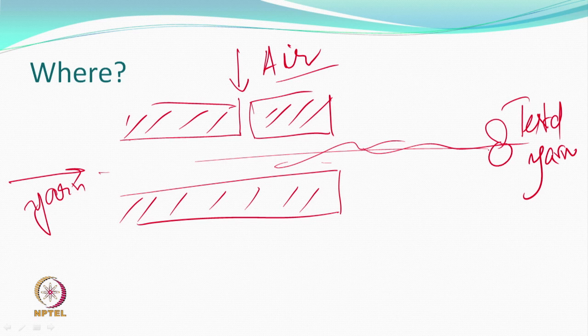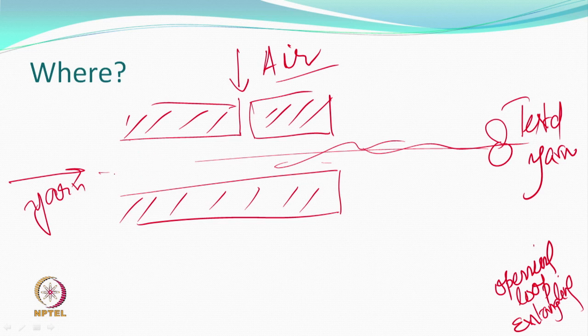So, all these three things, that is opening, loop formation and entanglement, at what point do they happen?